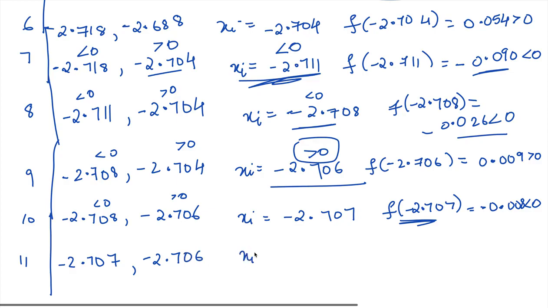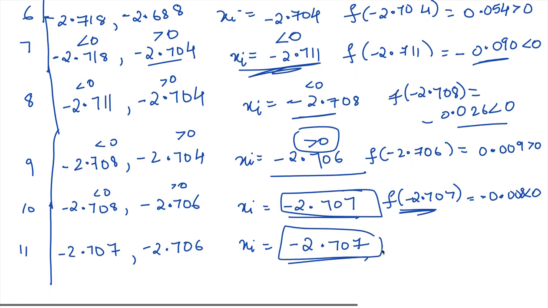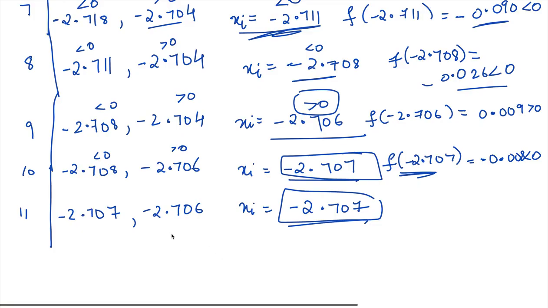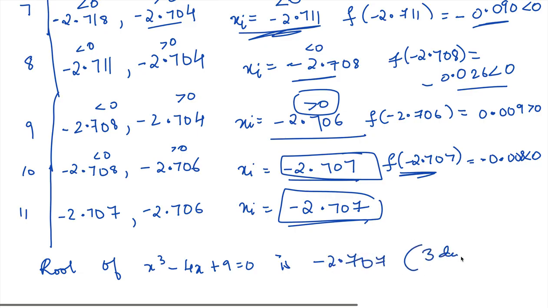Now xi is minus 2.707 plus minus 2.706 divided by 2, which is minus 2.707 again. We are seeing that the values are repeating. So that means this itself is our final answer: the root of x cube minus 4x plus 9 equal to 0 is minus 2.707. So we have corrected to 3 decimals.